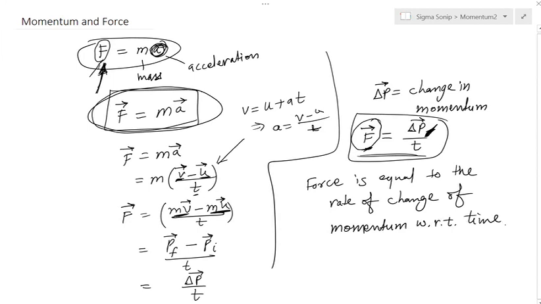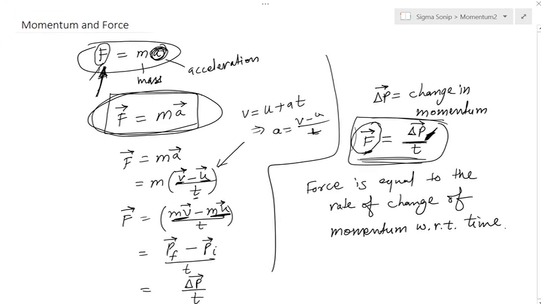So what we see here is that delta p over delta t is basically telling you how much the momentum is changing in unit time, in 1 second. It's a very important equation, and in this series of videos we'll be looking at two types of questions, a few ways of finding force applied and a few other things as well.